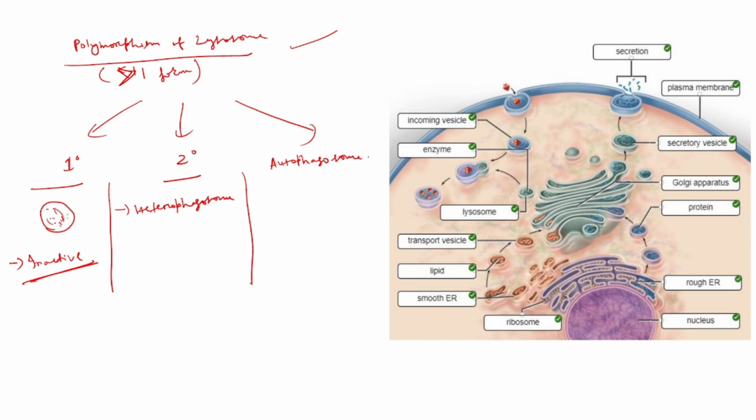For example, in this structure, let's say any protein comes to this, it cannot digest because the protease is present, but the protease is present in the inactive condition. So in the primary lysosome the enzymes are present, but in the inactive condition. But in the secondary lysosome, or the heterophagosome, the enzymes are present and that too in the active condition.